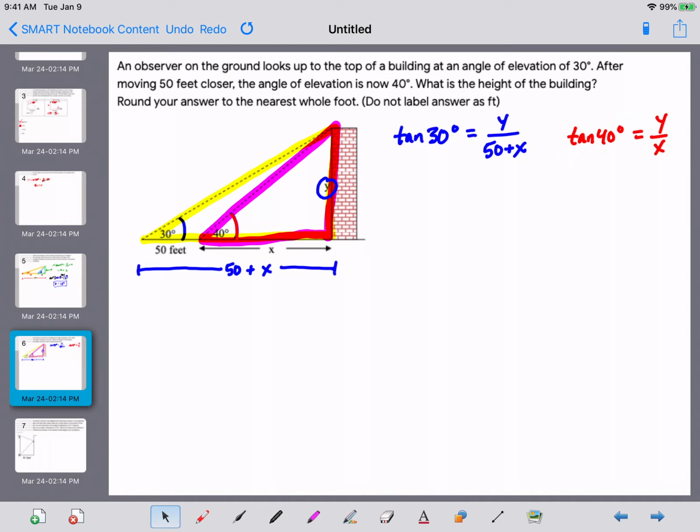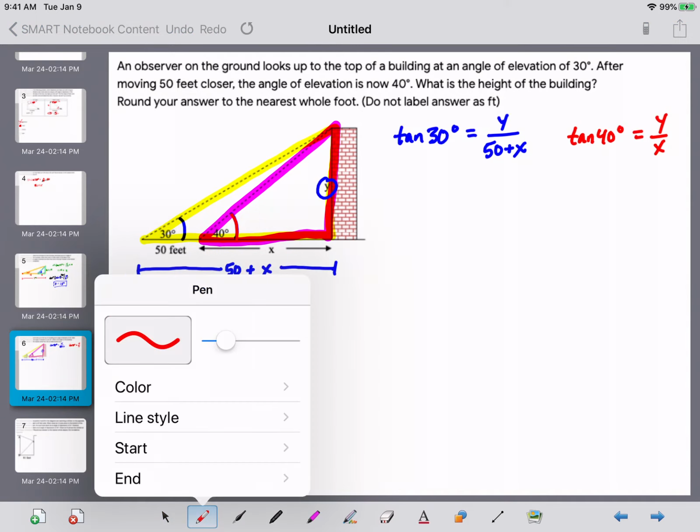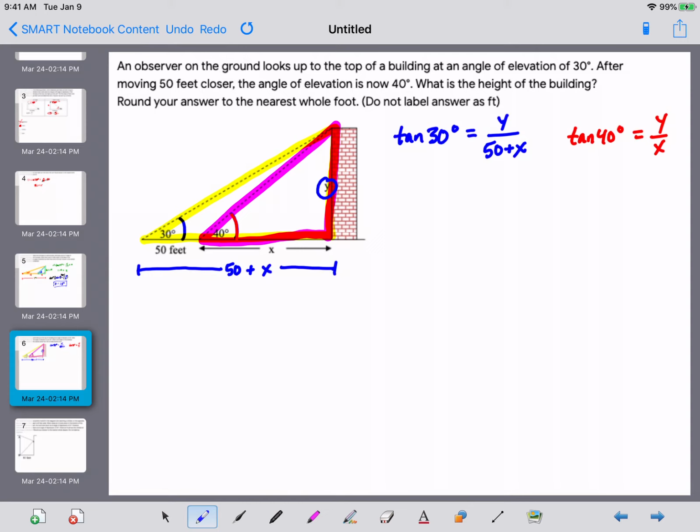So what I notice is that it's going to be pretty painless to get both of these equations solved for y. So on this side, I'm going to multiply by 50 plus x, and I'm going to multiply this side by 50 plus x. Because if I do that, those two quantities cancel out. And then we're just going to work from here.